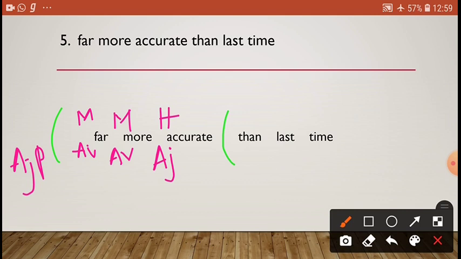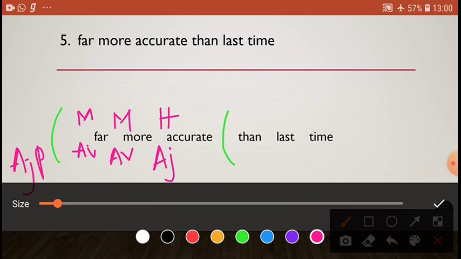Now, how can we name this phrase? What is the form of this phrase? For that we will have to look at than. Can you tell me what is the form of than here?